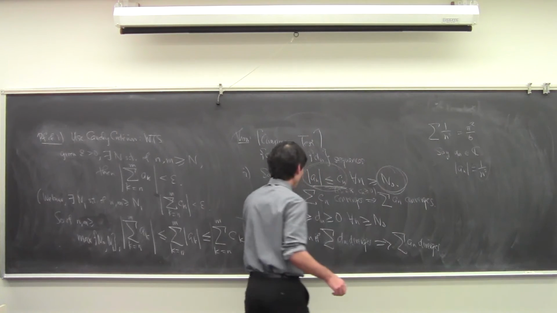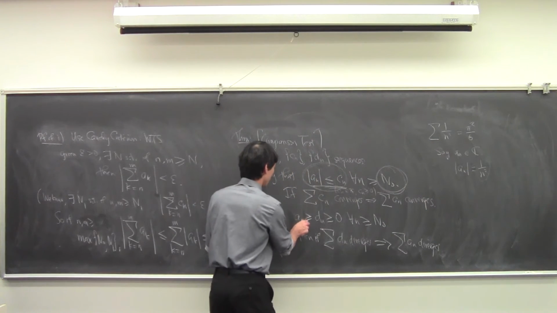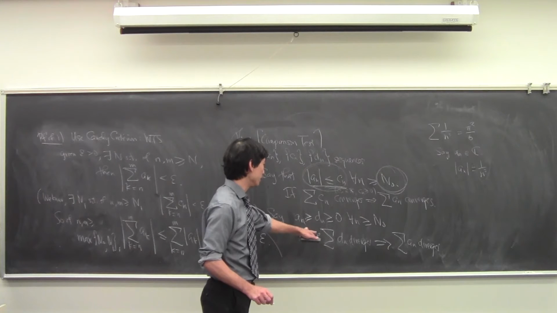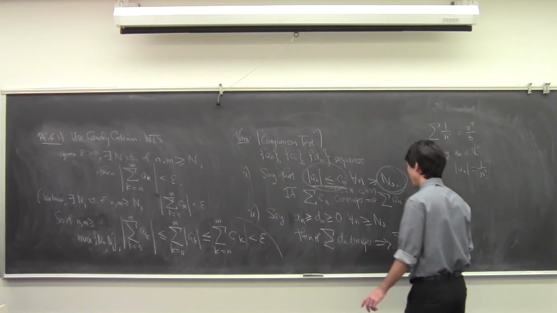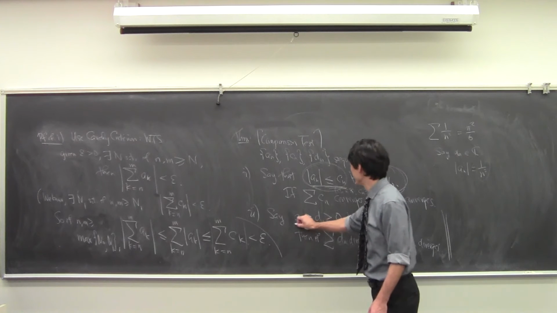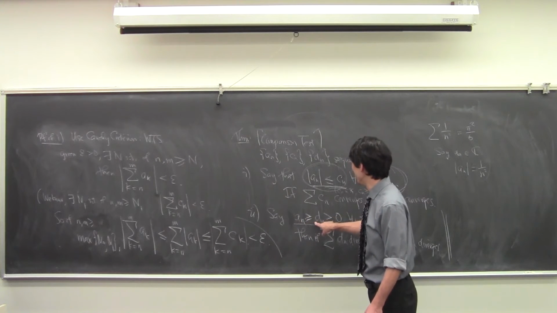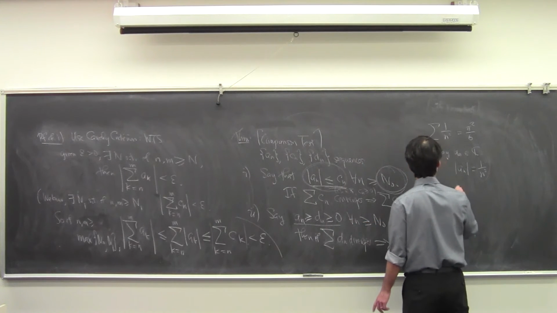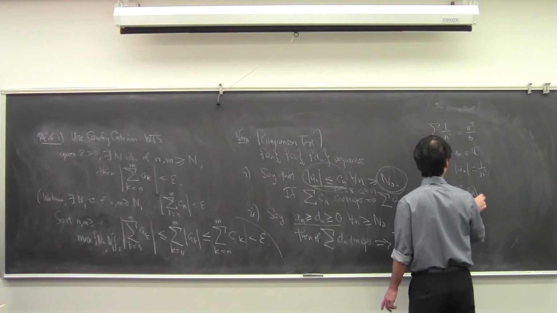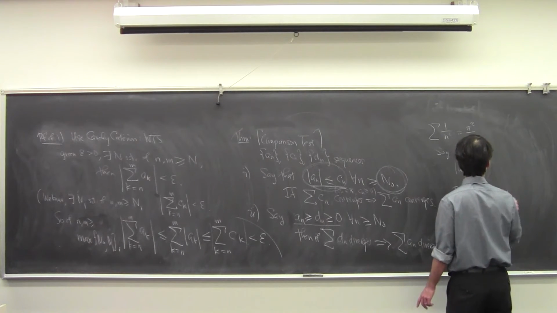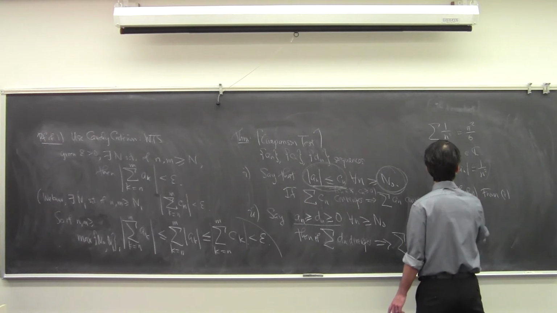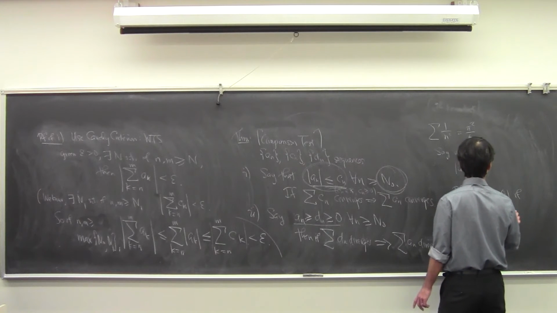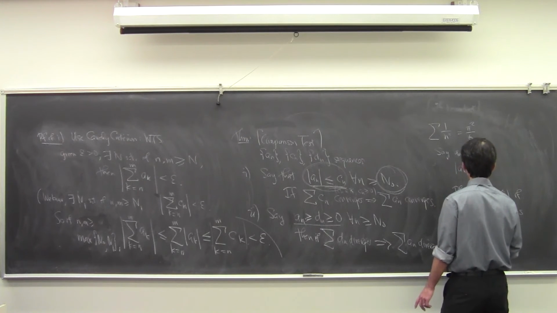Okay. Now for the other part, right? So here what we have is not all that different, right? We have numbers where this guy is bigger than this guy, and this is bigger than 0, right? And so, proof of 2, from part 1 we know that if the bigger guys converge, then the smaller guy converges.